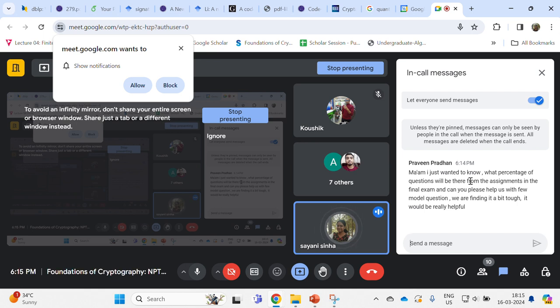It should be helpful because of course there will be some link with the assignment questions, otherwise why would they keep this weekly assignment thing? The whole purpose is to get you acquainted with the kind of questions you are going to face in the final exam. Of course there will be similarity, they will not be exactly the same, but there will be similarity.